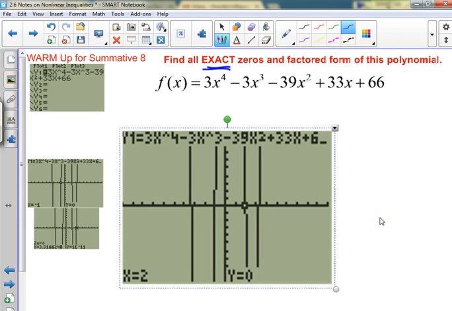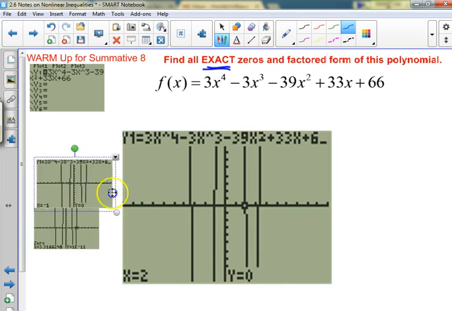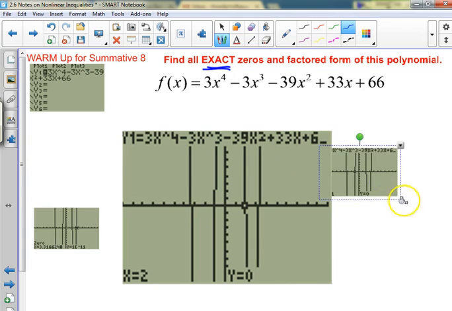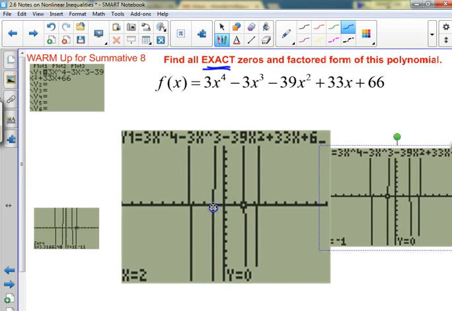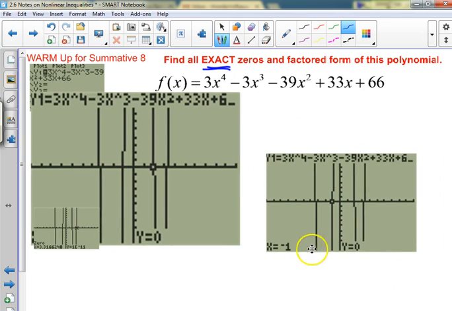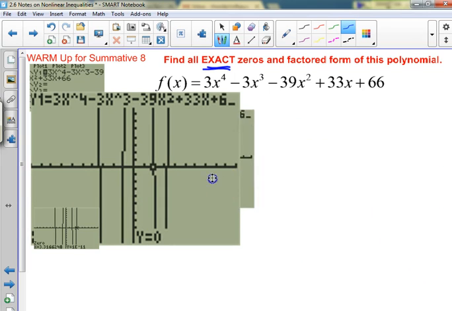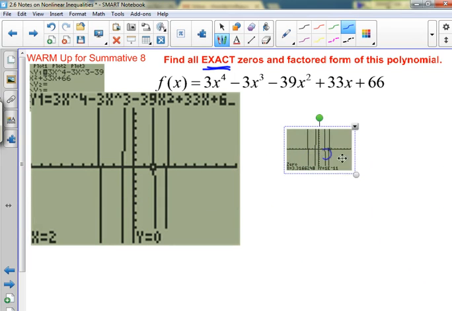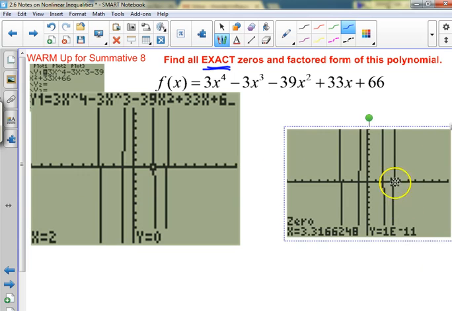Then I tried, it looked like -2 or +2, so it did work. Then I tried -1, and that was also a 0. But then I did calculate the 0, and look at this mess out here. That's supposed to be 0, right? But it says there's a 0 at some gobbledygook.